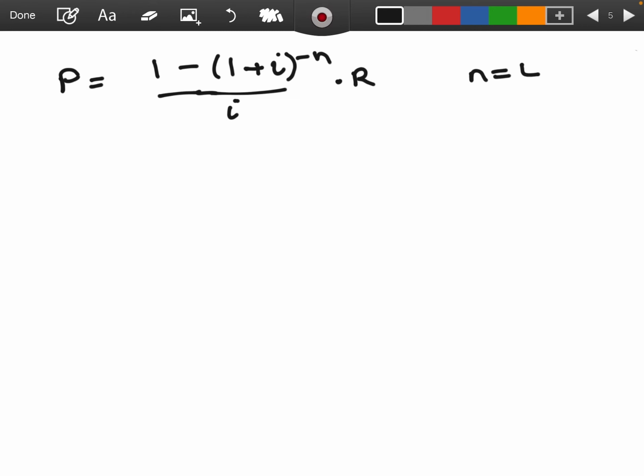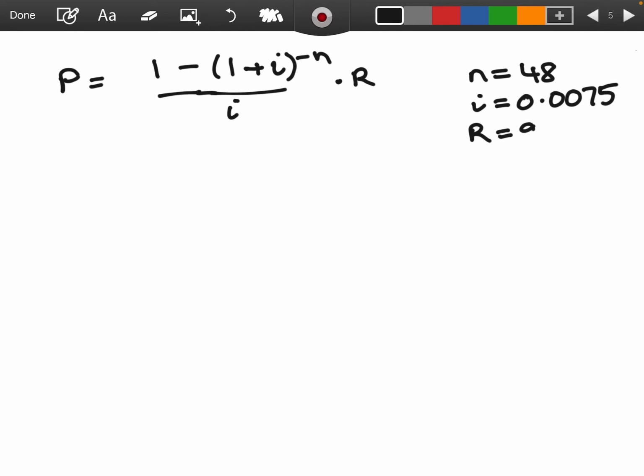So I'm going to plug that now into my formula, and I'm trying to find the principal amount that is left when I have 48 payments left to make. So N is 48. I, again, with the interest rate per period, would be 0.0075.